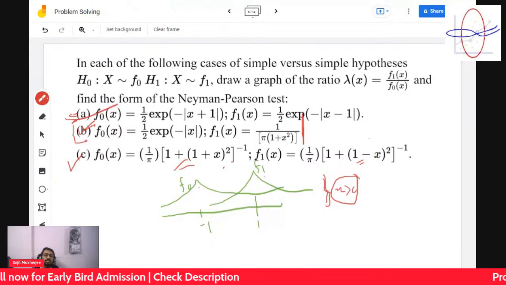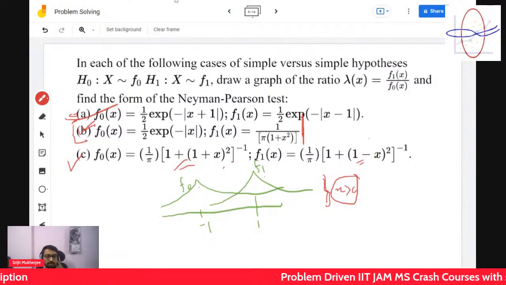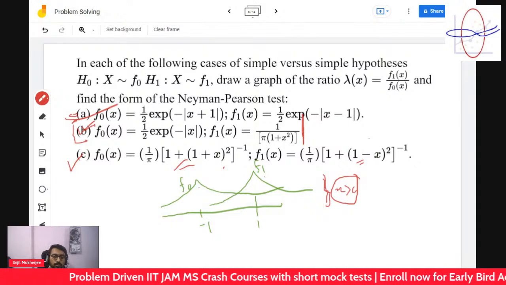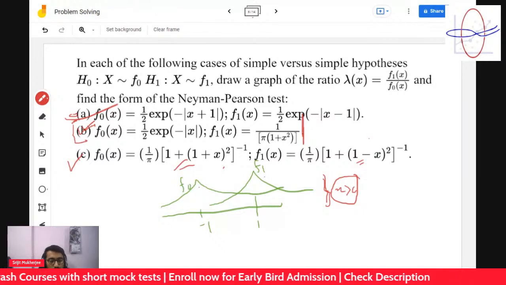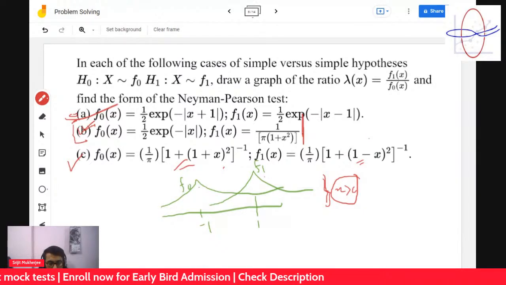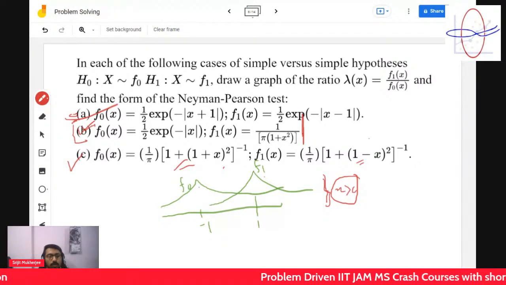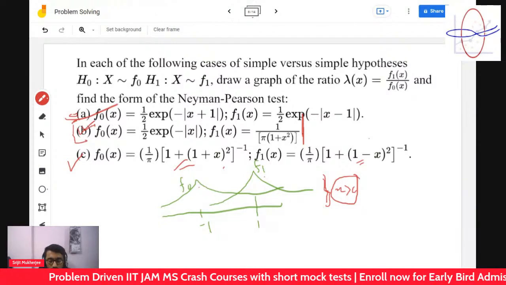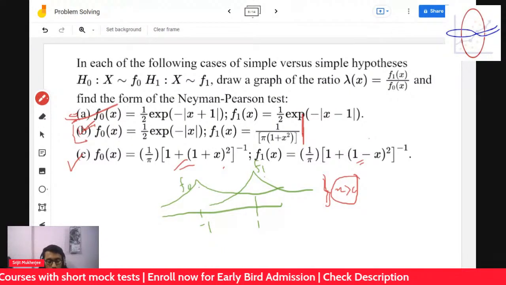That's why, when there is a number, let me just plot it. You will understand it instantly. We plot this. One is exponential of minus mod x, sorry, another is 1 divided by pi times 1 plus x square.